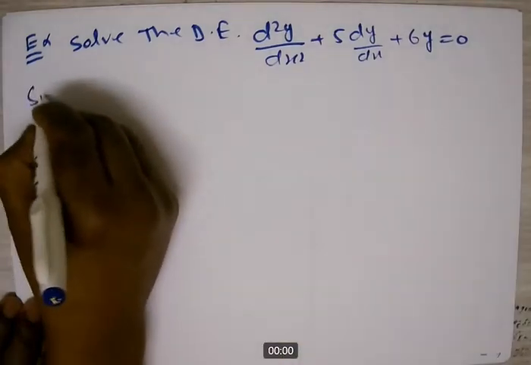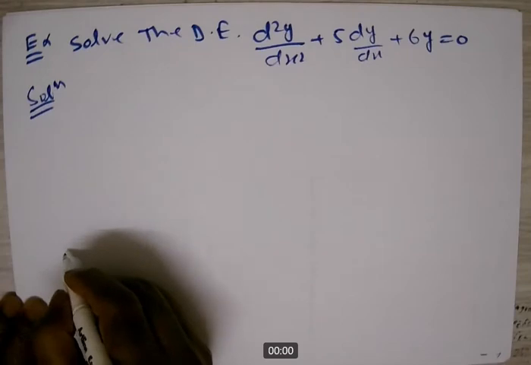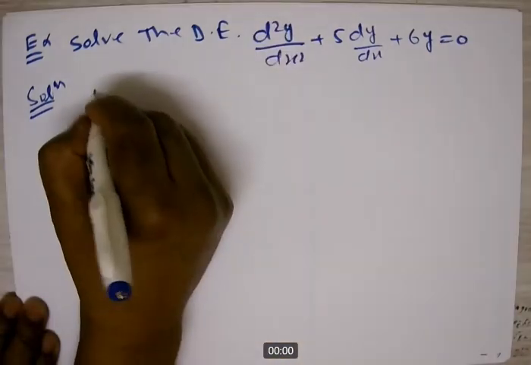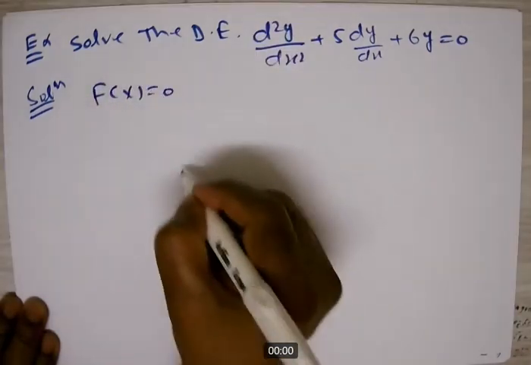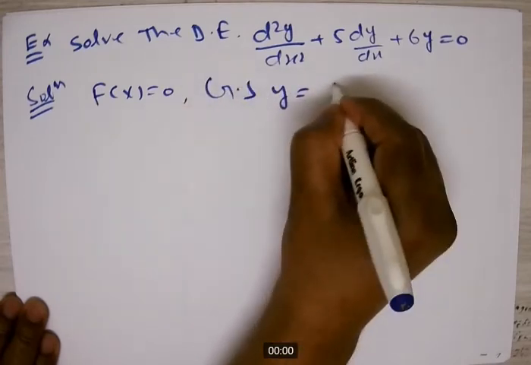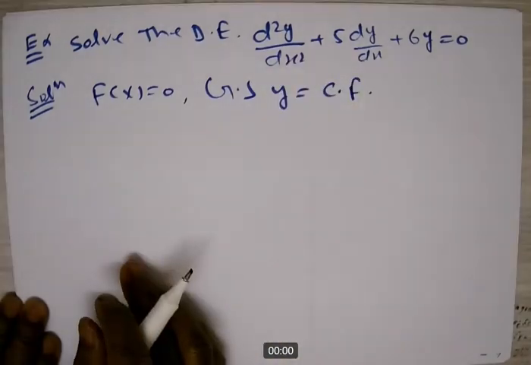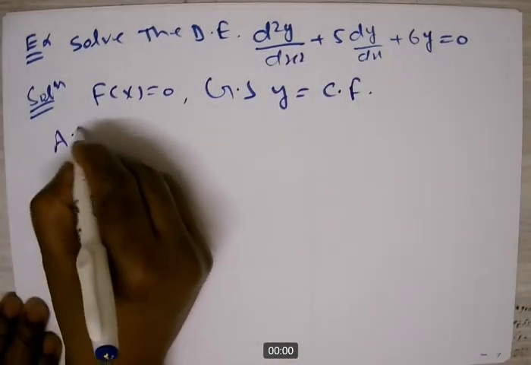See that, for the solution of this equation, f(x) is 0. So the general solution will be y equal to CF only, the complementary function. So what you have to do is write the auxiliary equation.